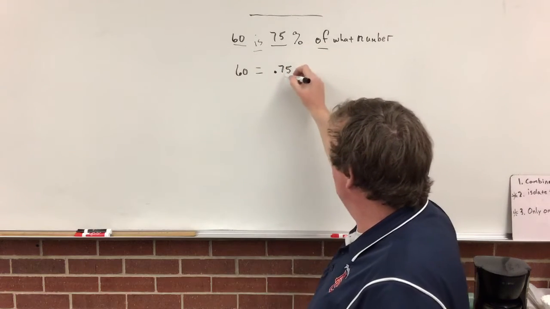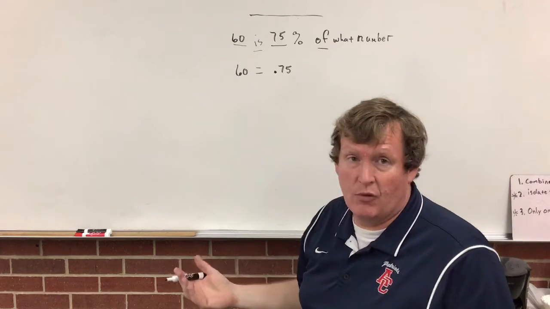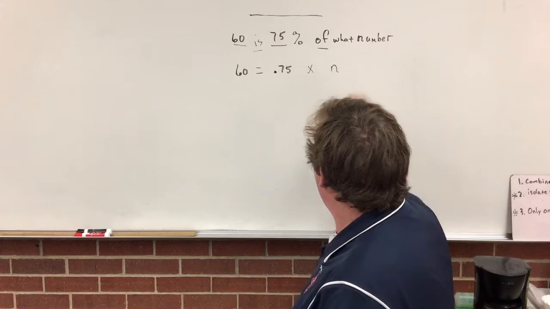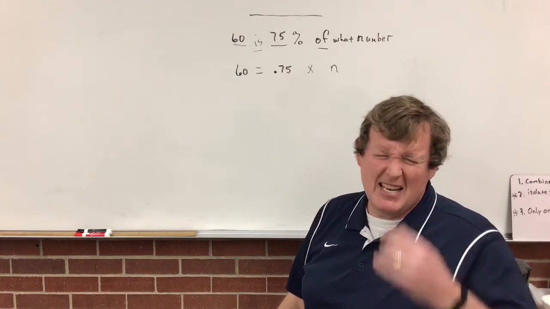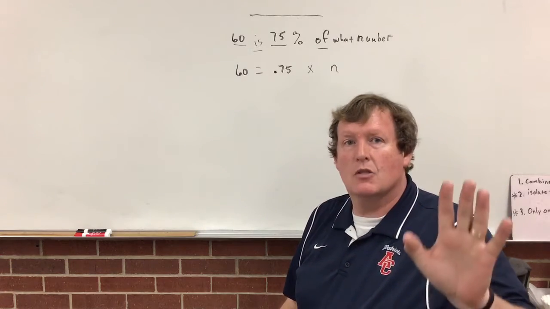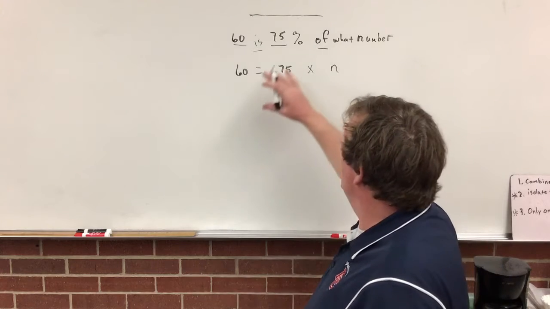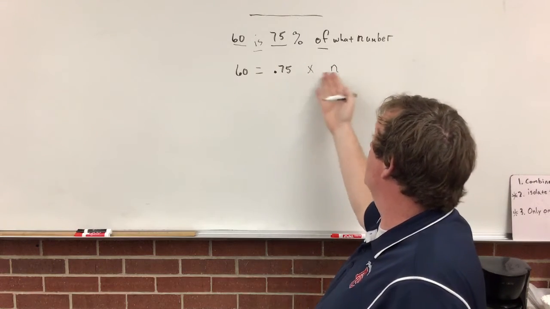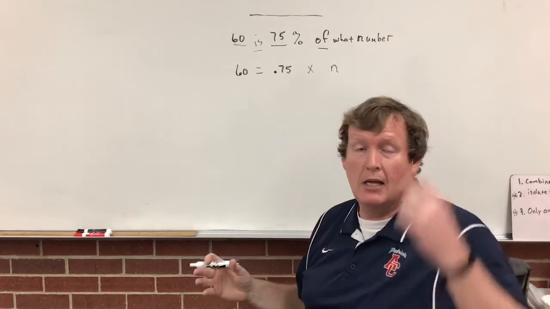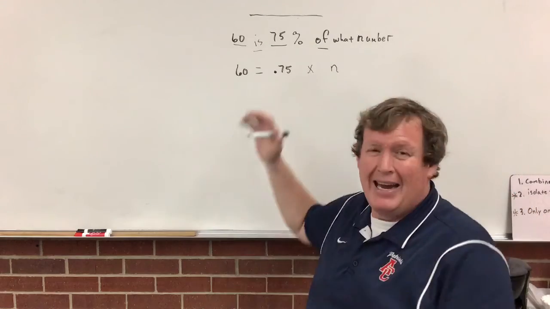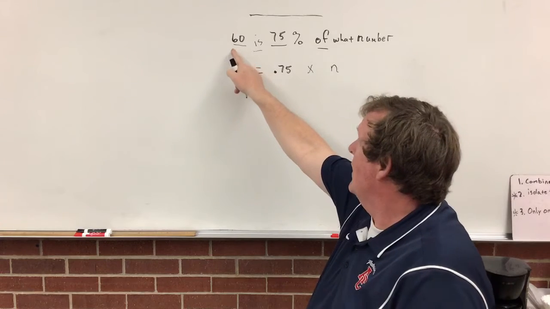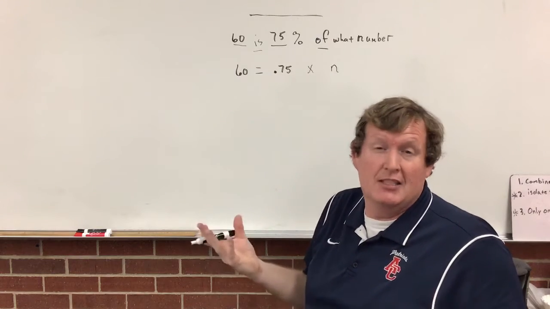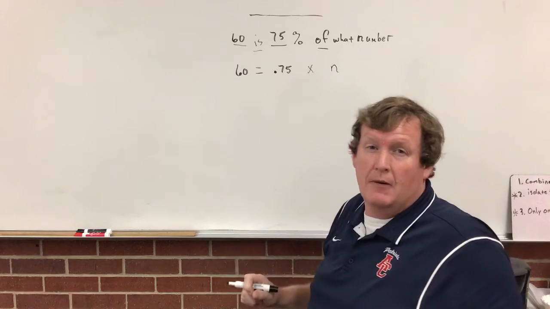That means I move my decimal to the left 2 places from wherever it is. And of means multiply, and then a number n. So now we're saying 60 is 75% of a bigger number, okay?